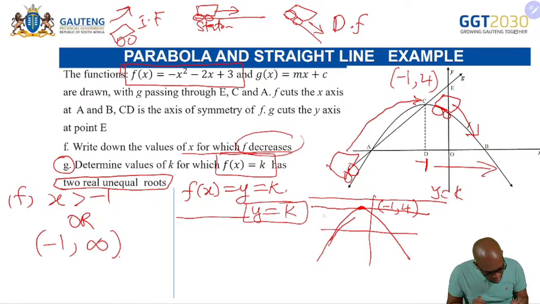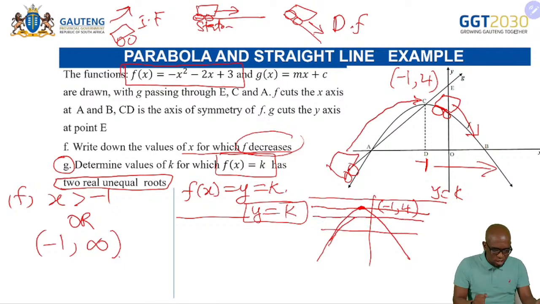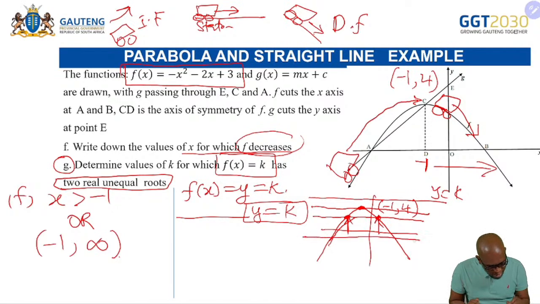Now, check if I move it down just below the turning point, how many times does it touch? It touches the graph twice. So we say that the graph has two real but unequal roots, because the value of x here is not the same as the value of x there. If you continue to move the line down, you can see it touches 2 points.